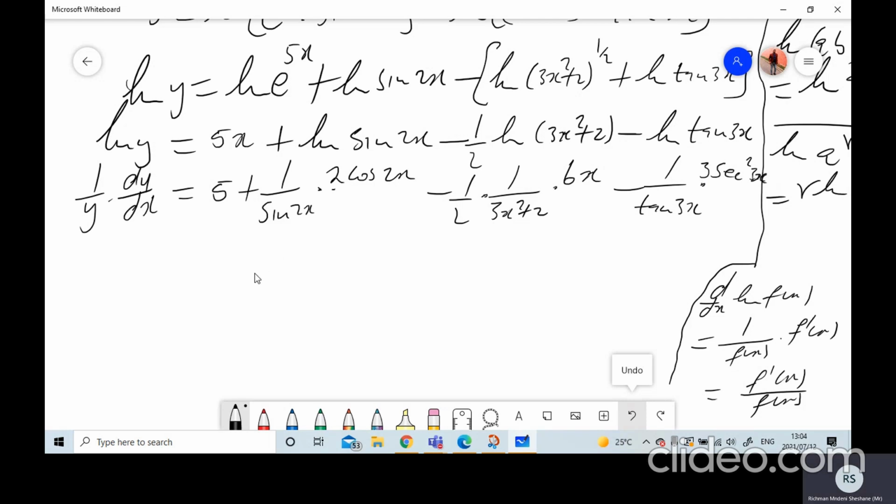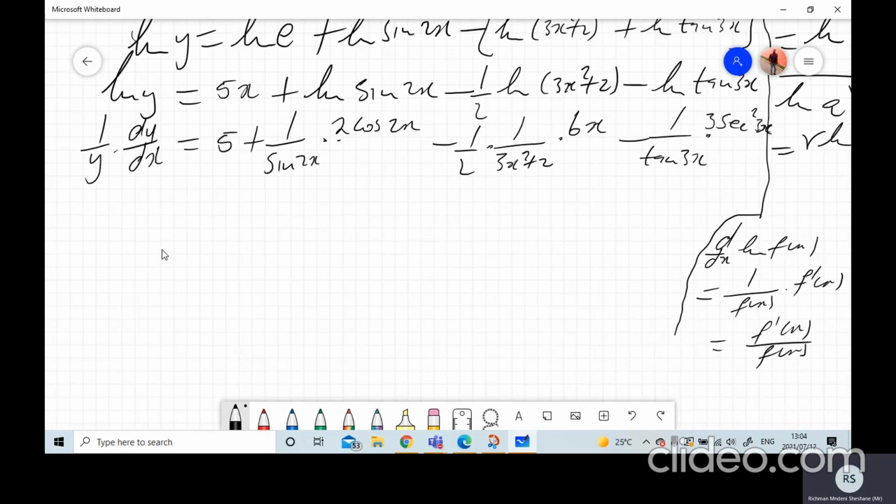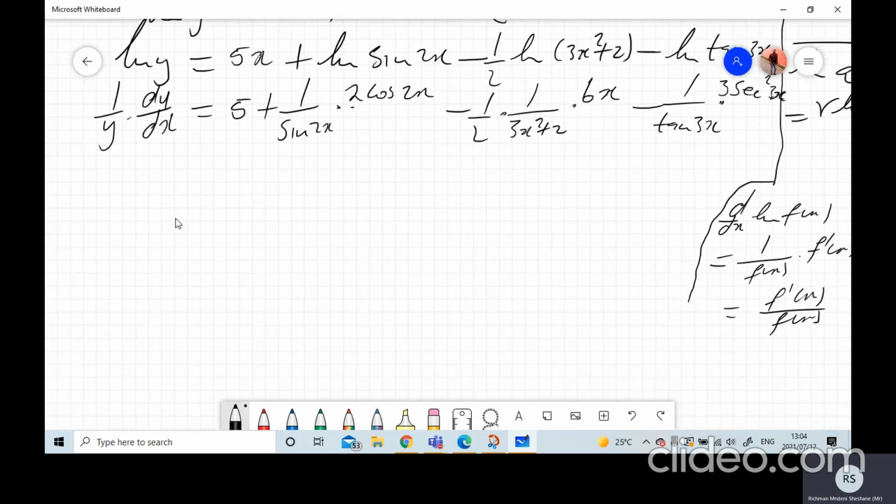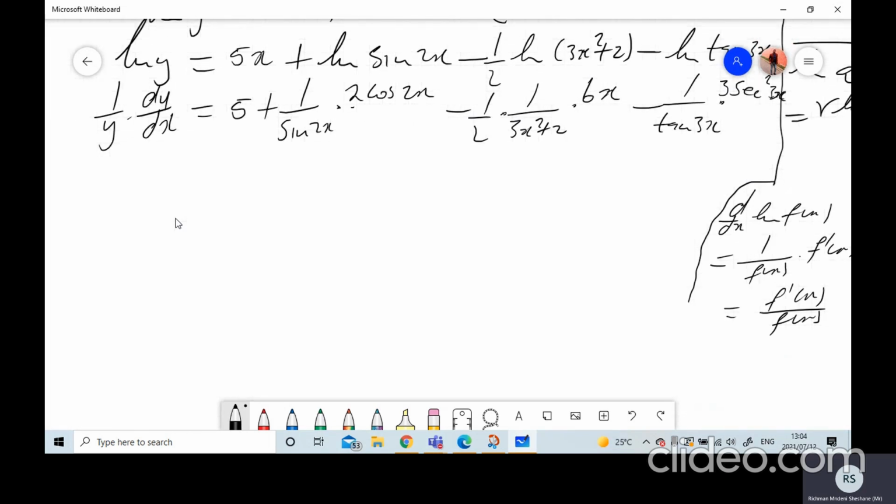Solve this. Okay. Next, remember we want to find dy/dx. To find dy/dx, we solve for dy/dx. You can just multiply by y on all terms. So if I multiply by y on the left hand side, you see it will cancel.